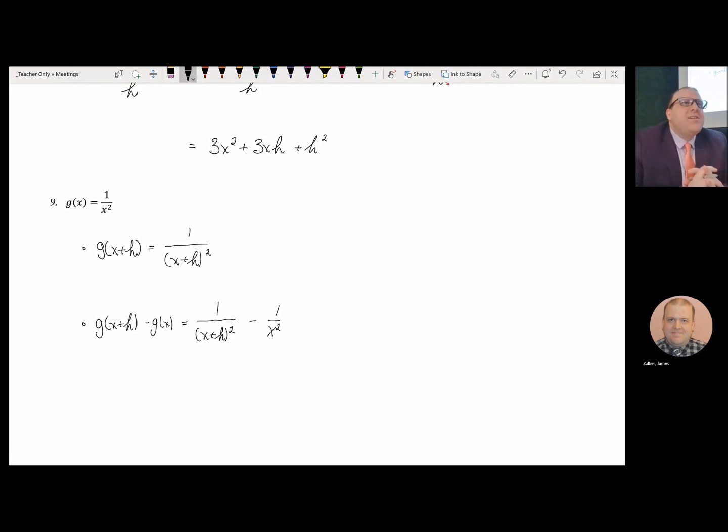So if you're adding fractions, what's the rule? Do you remember what that's called? Common. More specifically, least common denominator, which is the least common multiple of the denominators.